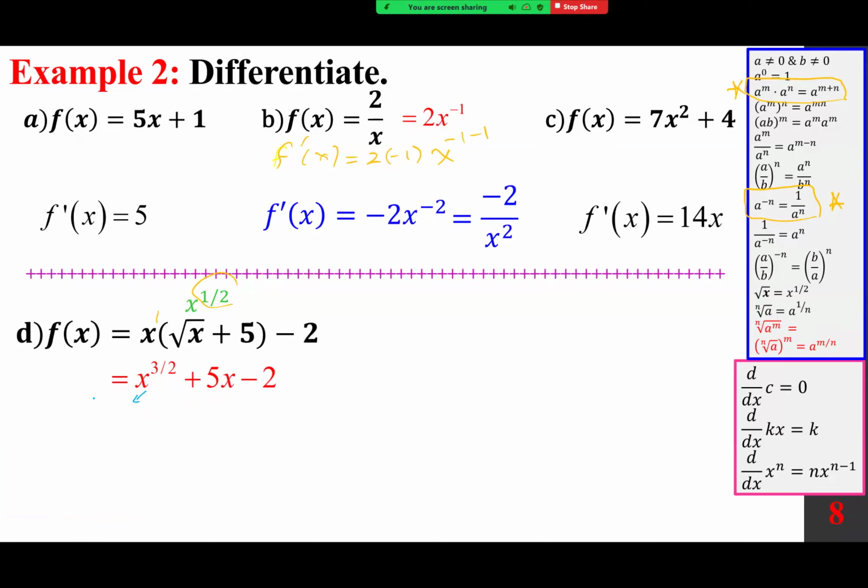So this one, when we want to differentiate, we say 3 halves, x to the power of 3 halves minus 1, which makes it 1 half. So this is 3 halves x to the power of 1 half plus 5. Of course, negative 2 gives you 0. Now you change this to the same format. Remember this, square root. So 3 halves square root of x plus 5.